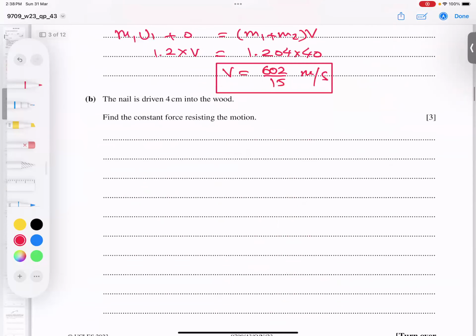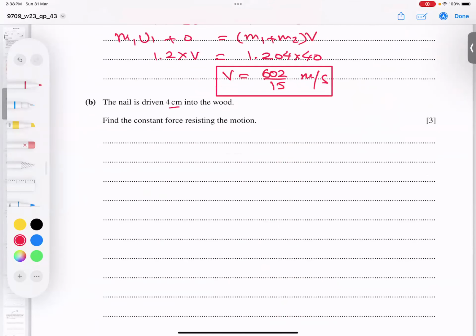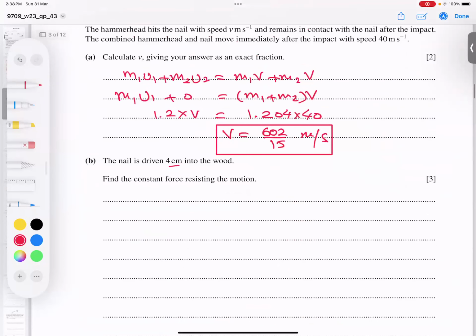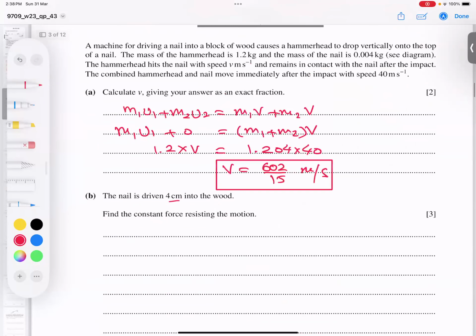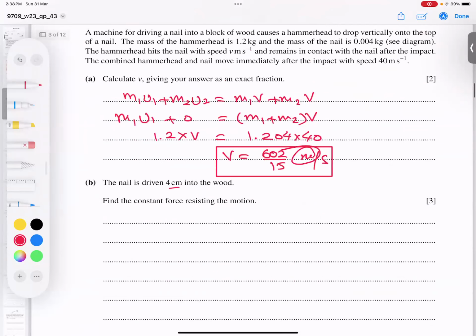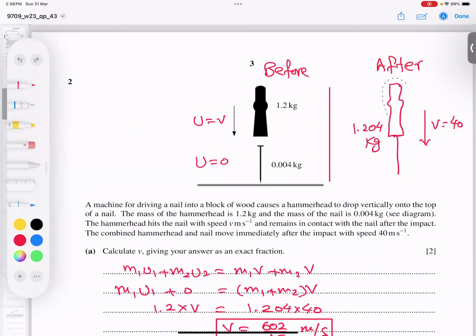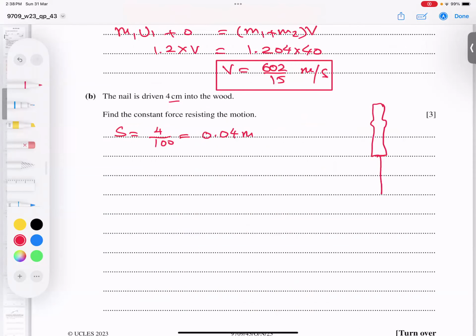Have a look here. Naturally, this whole object will move inside and enter the wood.